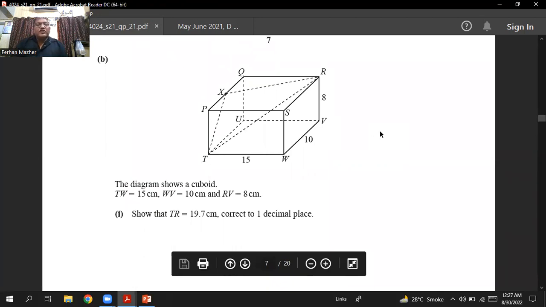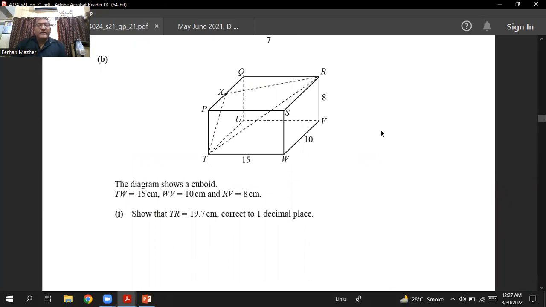The diagram shows a cuboid. The TW is 15 centimeter. The WV is 10 centimeter and the RV is 8 centimeter. He says show that the TR is 19.7 centimeter correct to 1 decimal place.